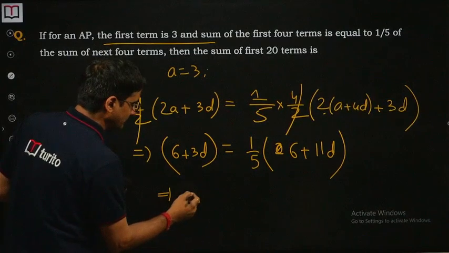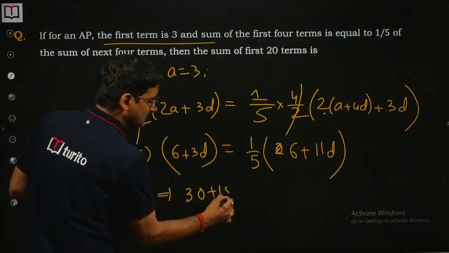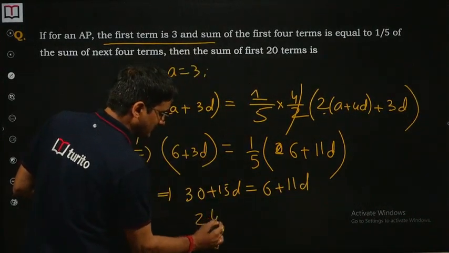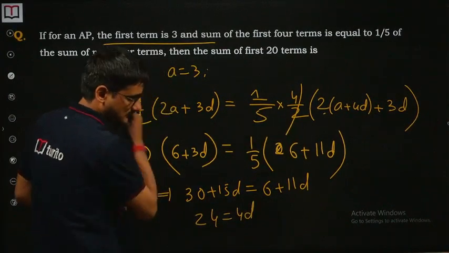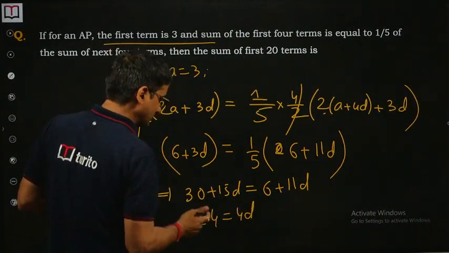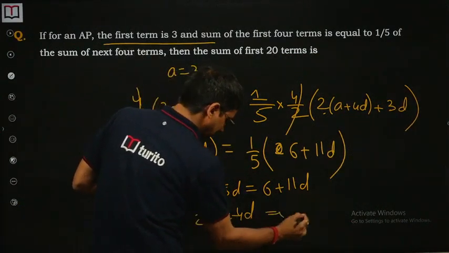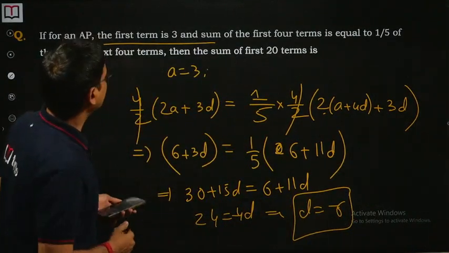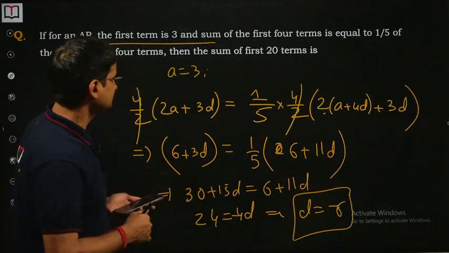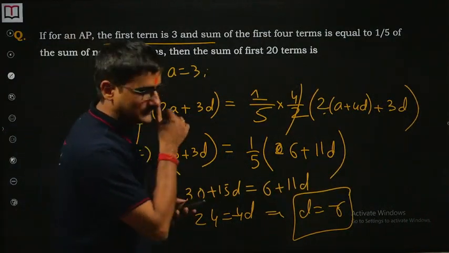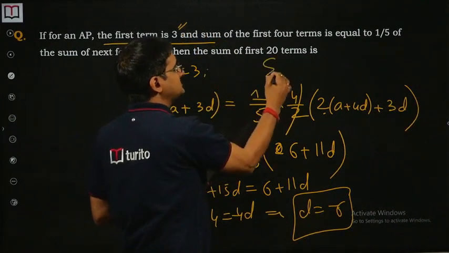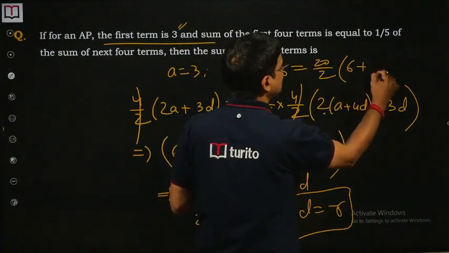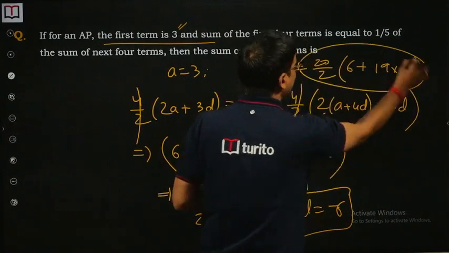So nothing more to do here, so it's 30 plus 15D, so you will get D from here, so that's 24 is equal to 4D, I think, yeah, that will be the case, so D is nothing but minus 6, that's it. You have your D, then the sum of first 20 terms is, okay, so the sum of first 20 terms: A is already given, D you have, so S20 formula, which is 20 by 2, (2A, 6 plus 19 into D, minus 6). You have calculated and you have the answer.